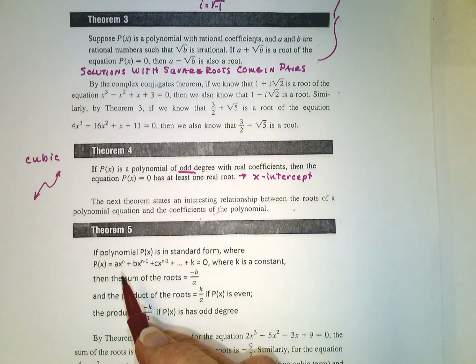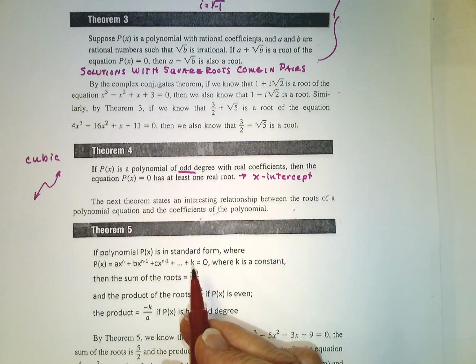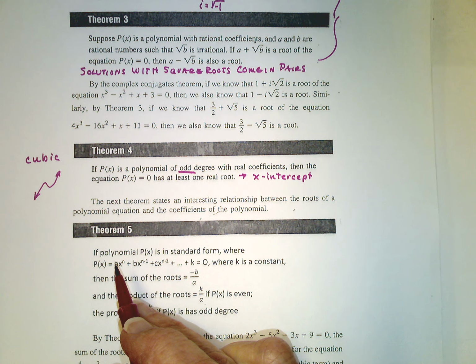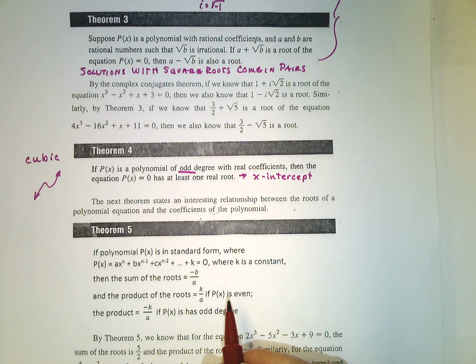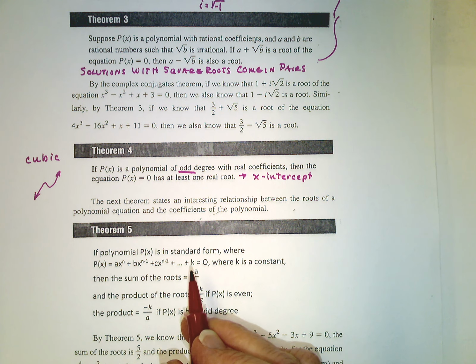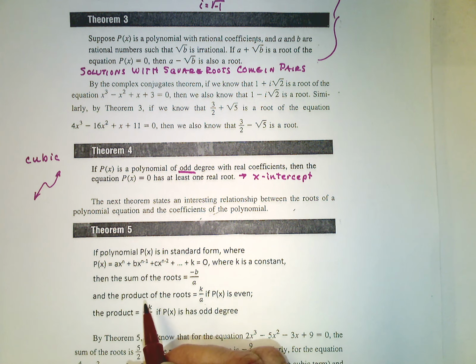For instance, if this was fifth degree, if you multiply out all 5 of them, then that's going to be k over a, the constant at the end, divided by the leading coefficient. Now that's if the polynomial has even degree. It will be the constant at the end over the leading coefficient.